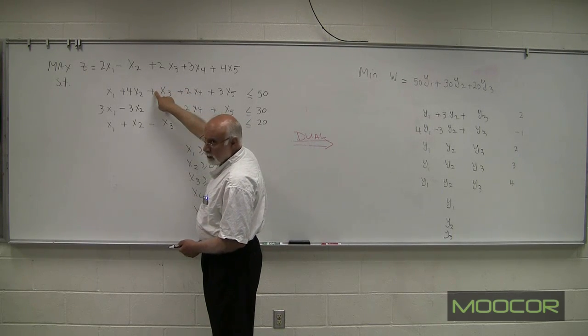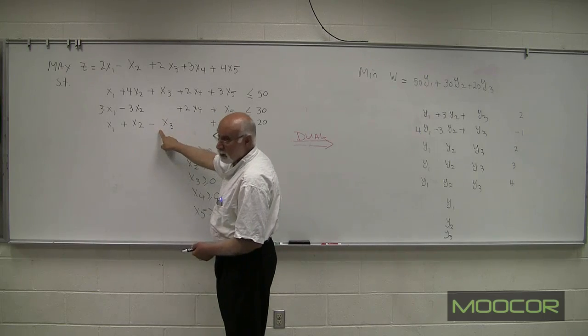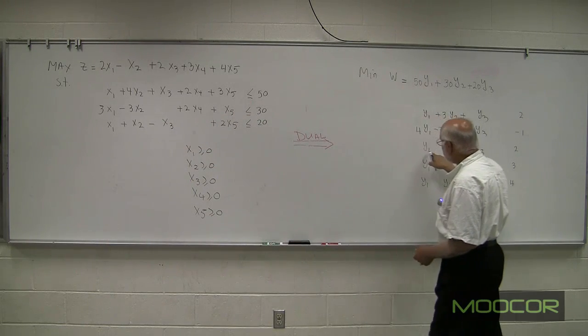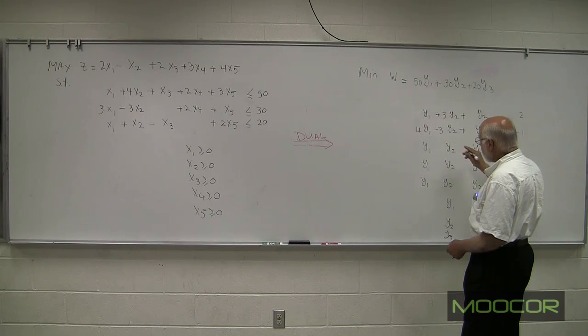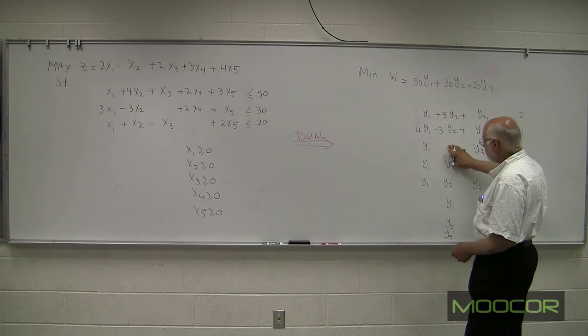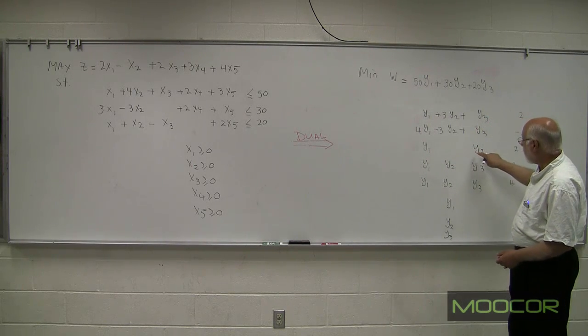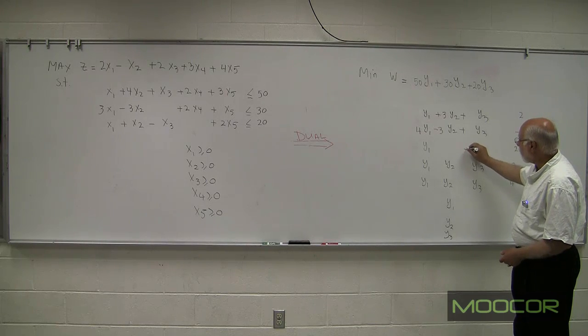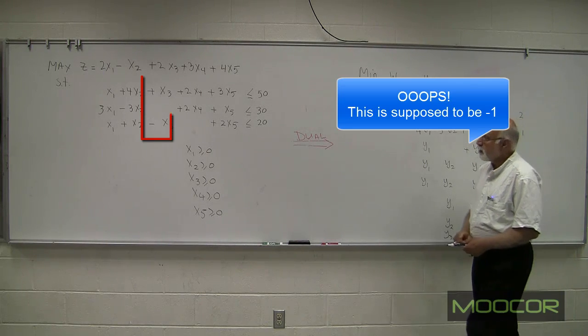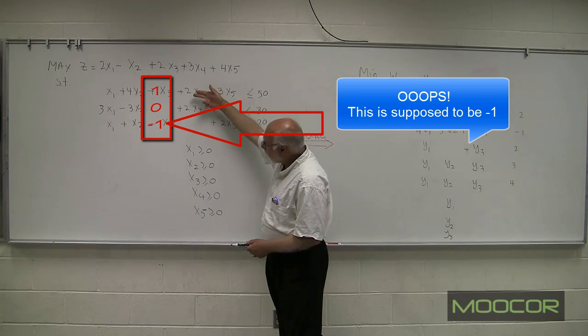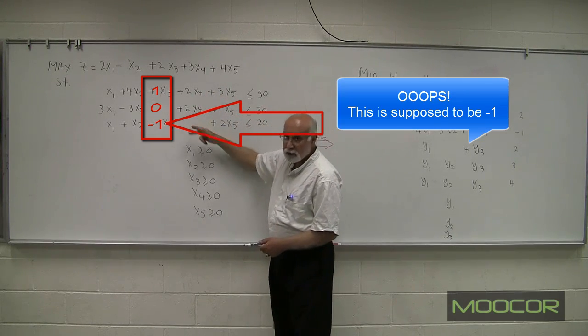X3 is 1, 0, and minus 1. So this becomes 1, 0, which erases this value, and 1. x4 is 2, 2, 0.